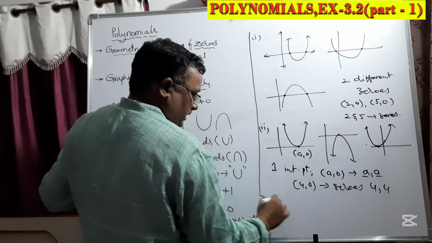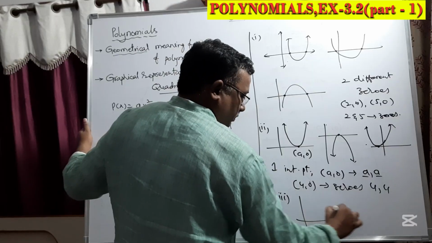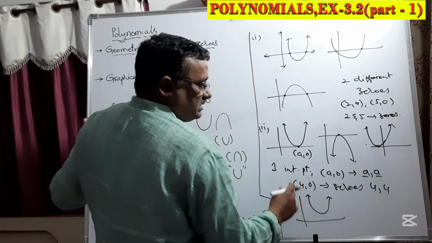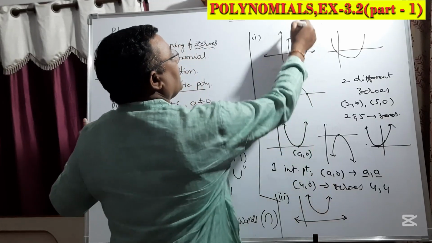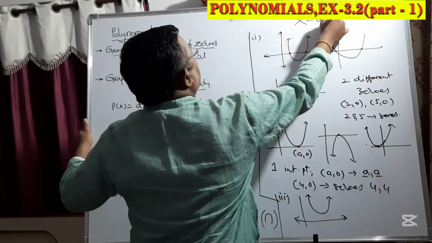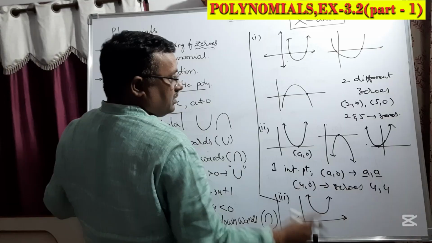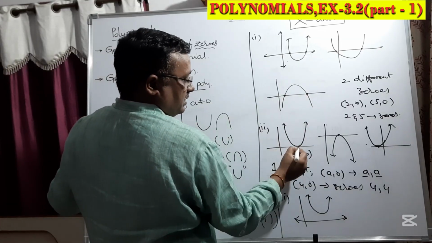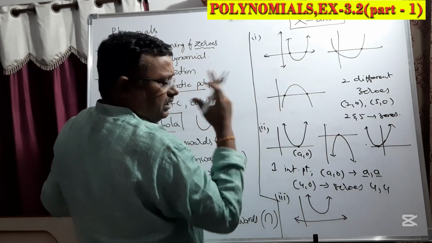Understood? And the third model graph: the parabola is not intersecting or touching the x-axis. Here what is the main point? The x-axis. Intersection is the main thing we have to observe. So in all the cases, x-axis intersecting points, x-axis touching points, the x-axis was the only main observer here.